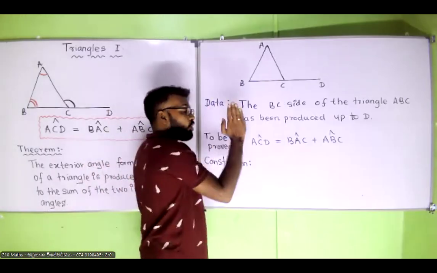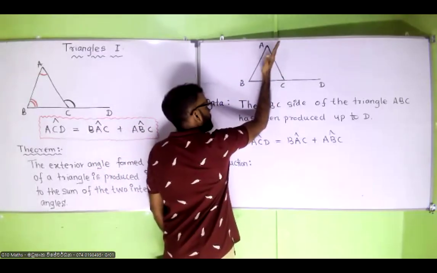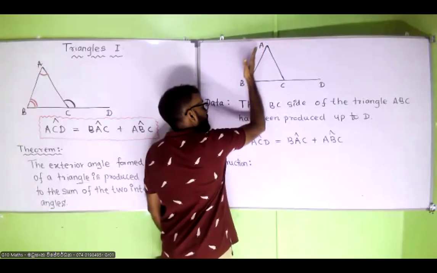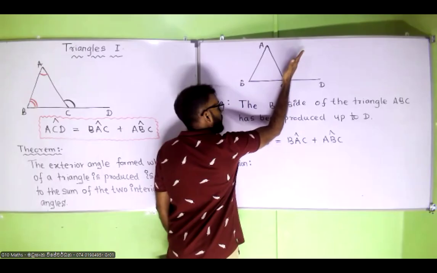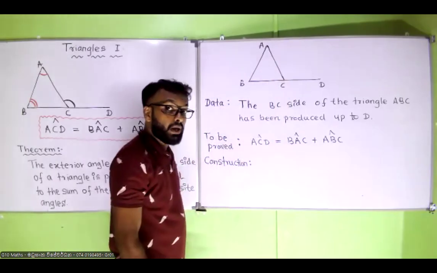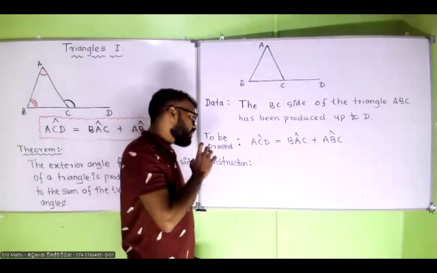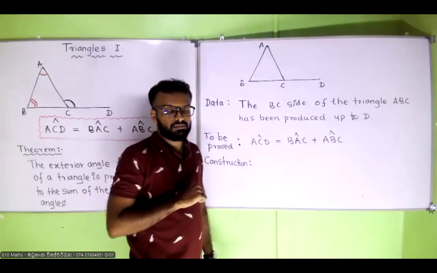We are going to construct a parallel line to this side AB, which crosses through our point C.